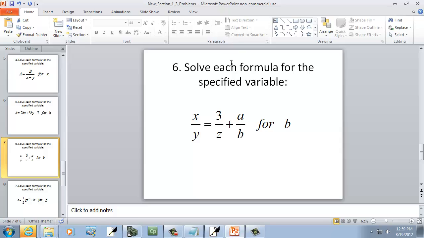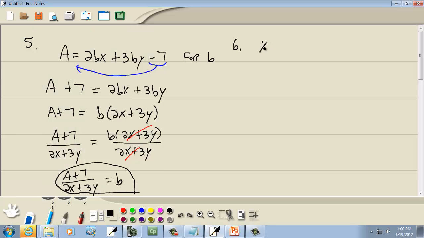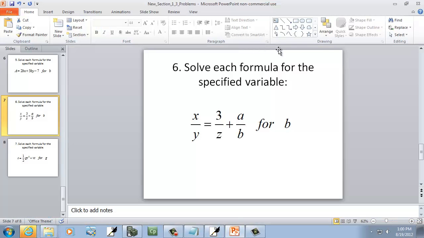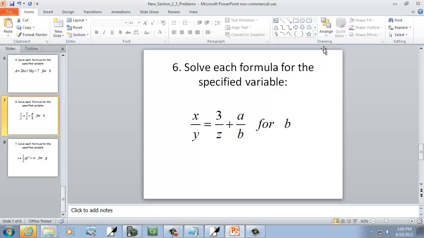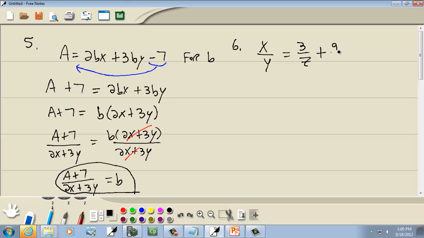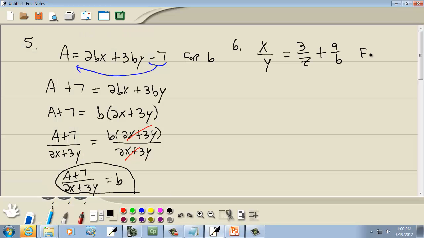Okay, let's look at another problem. Let's see, we got x over y equals 3 over z plus a over b, and we want to solve this for b.